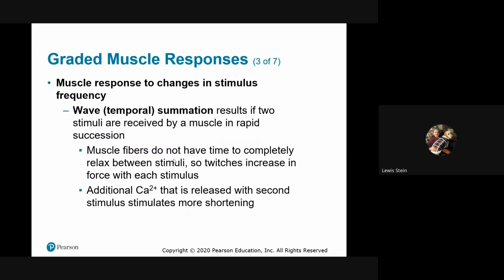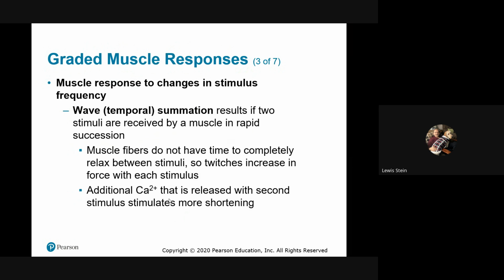If we summate over time temporally, if we put them together, they do not have enough time to completely relax. So, remember I said frequency equals amplitude, you're going to see a change in amplitude until we get to the physiological limit. Why? Because we're pushing more calcium out, and it's going to increase the degree of that ratcheting thing I kept talking about, that you saw in those animations.